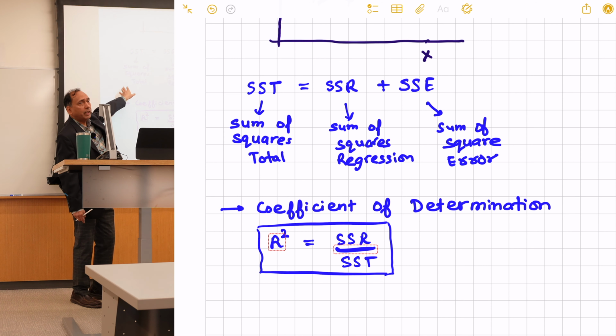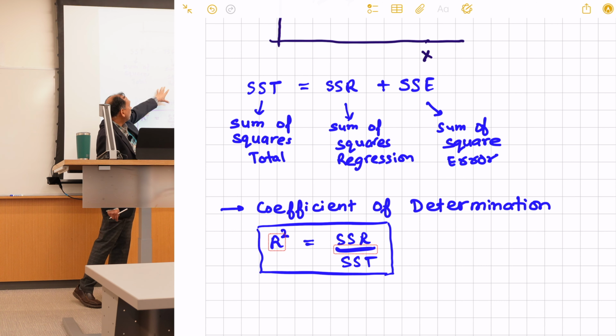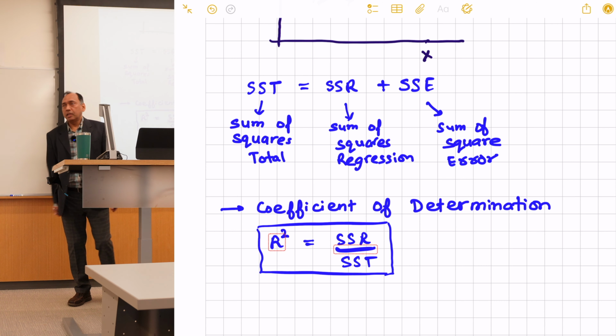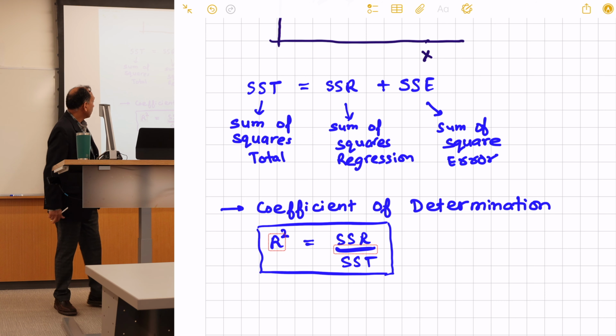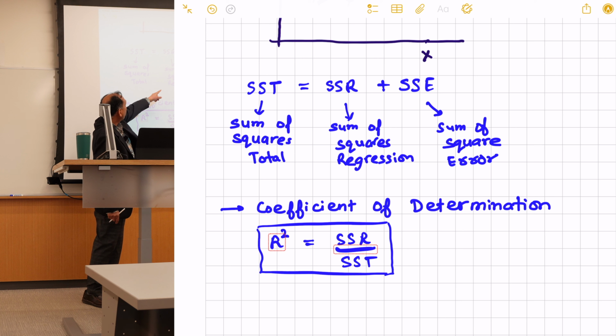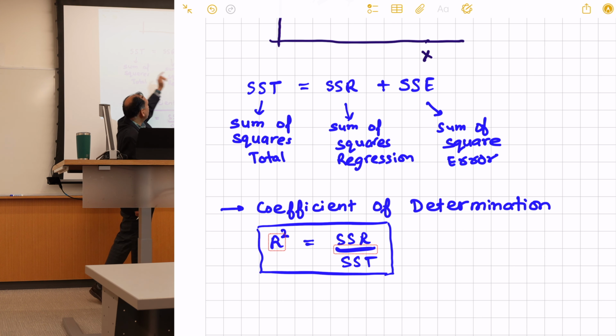So out of total variability, how much is being contributed by your model, basically, regression model? So that is captured by R square. Obviously, sum of squares due to regression cannot be more than the total, because this is total and this plus this is the total, so this has to be less than this.